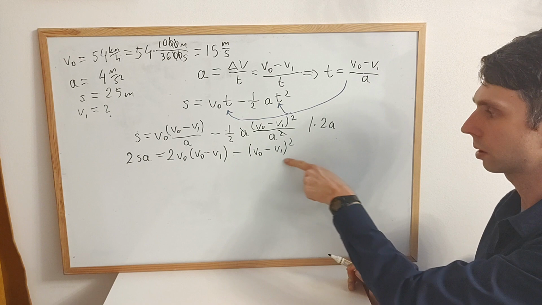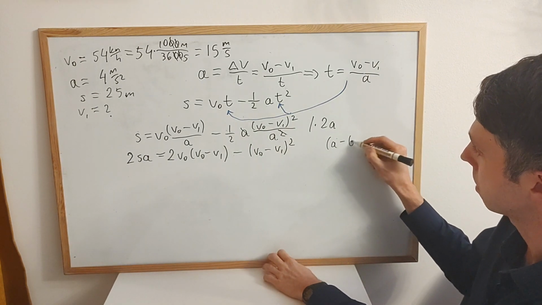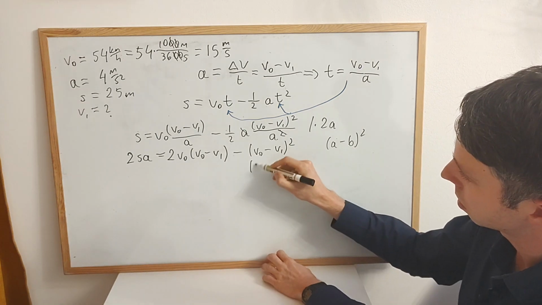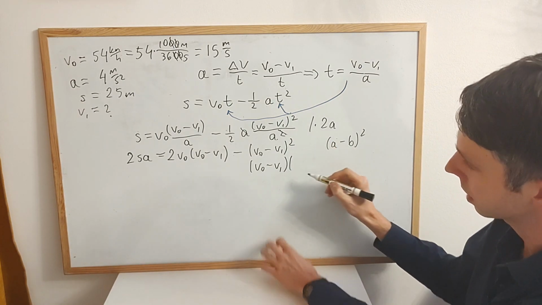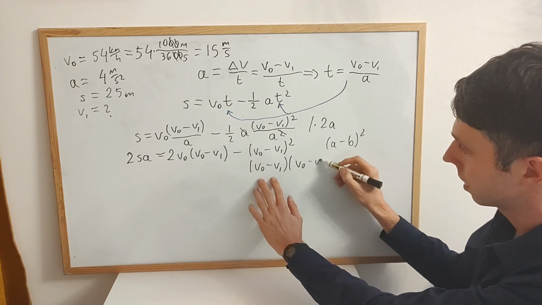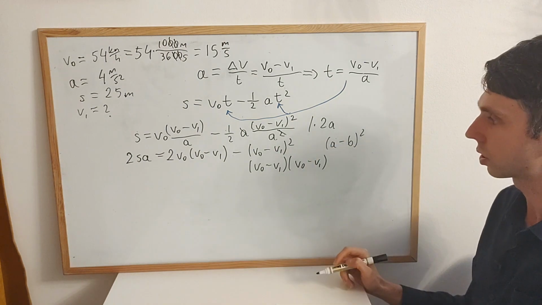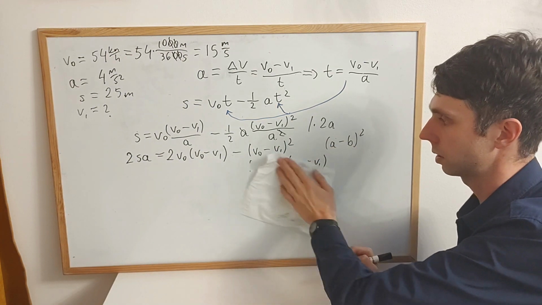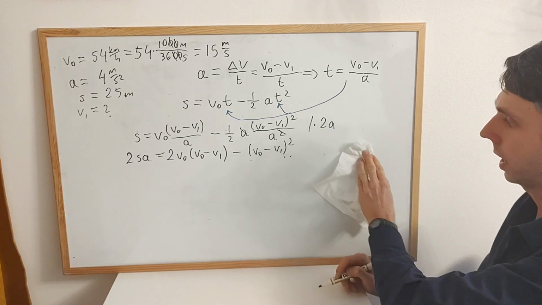With this you have a formula for something like a minus b squared, or you can just think that squared means v0 minus v1 multiplied by itself, so you can multiply each term by each term and get the result. So let's see what's next.